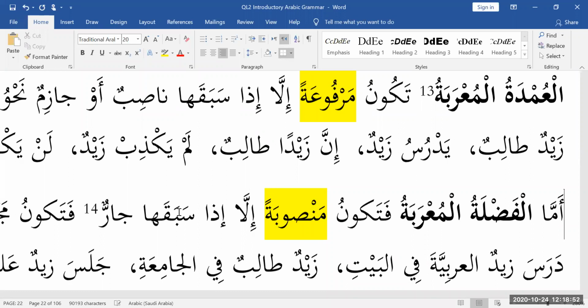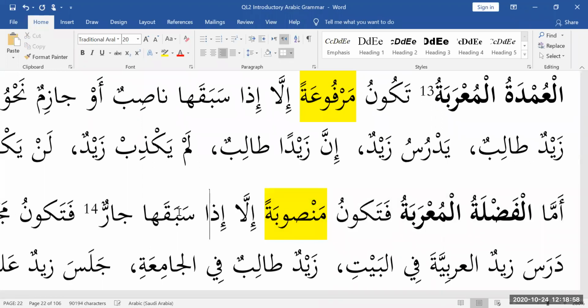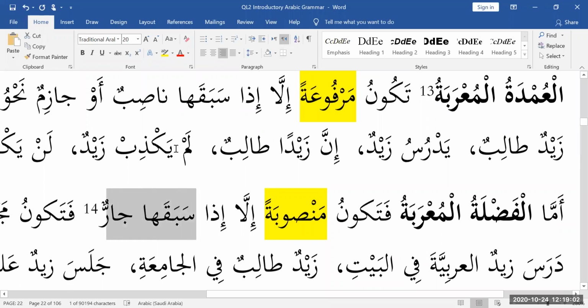So the inflected non-pillar is going to be in the nasab state, illa idha sabaqaha, except when preceded by a jarrun. What's a jarrun? A jarrun is a word that causes the following word to enter into jar state.